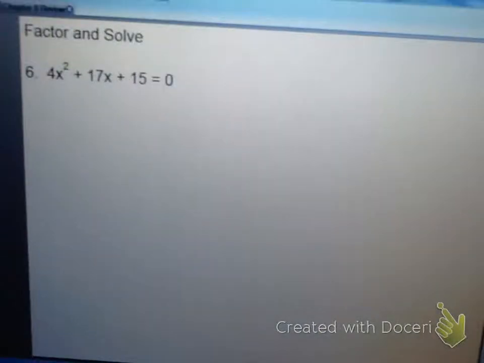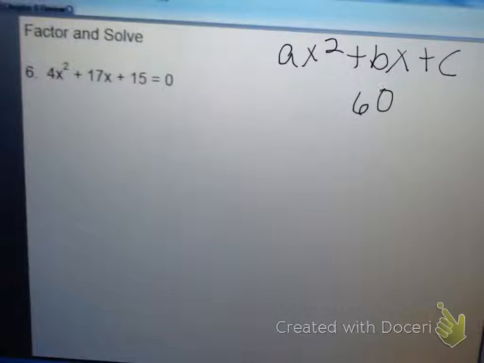Number 6, I'm going to go ahead and do the AC method on this one. So the AC method is you multiply your A and your C together. That's 4 times 15 and 60. Now, I'm going to list all the factors of 60.